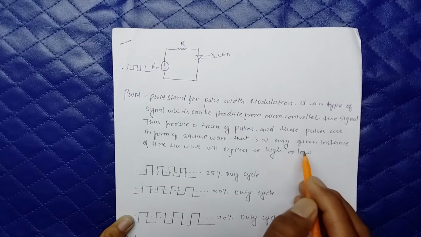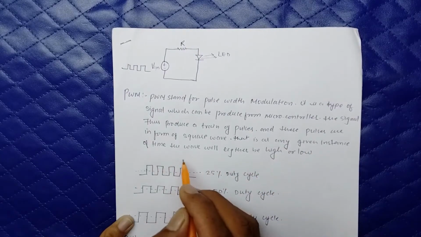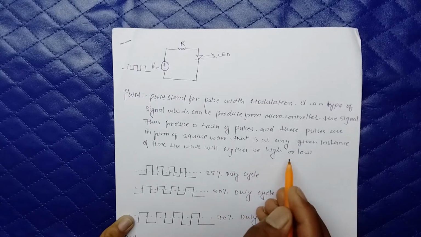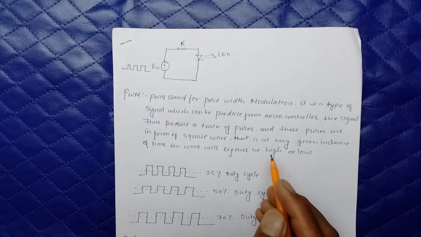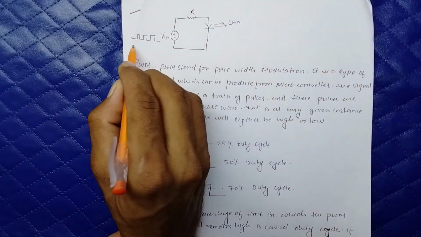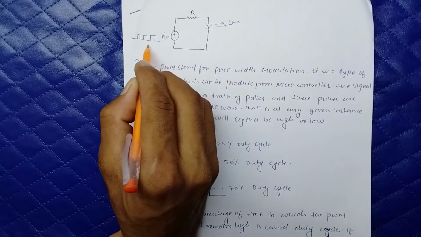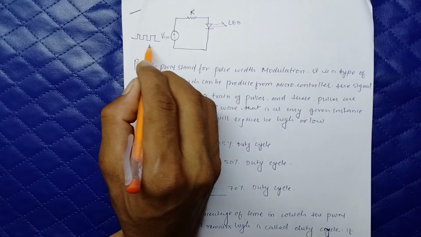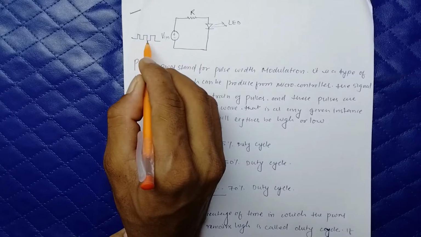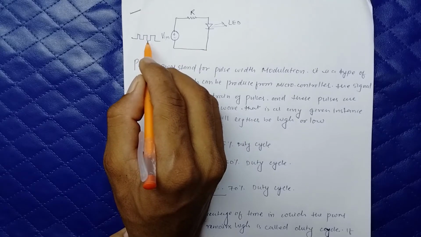That is, at any given instance of time, the wave will either be high or low. We are applying the PWM signal, and these pulses are generated from our Arduino board.